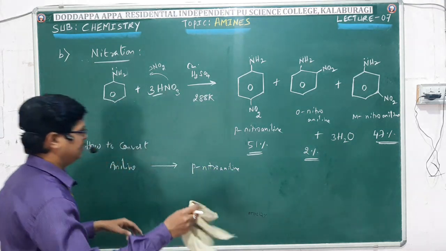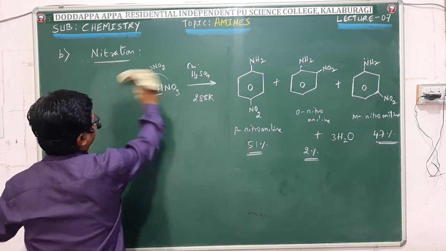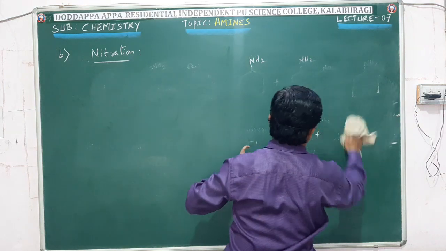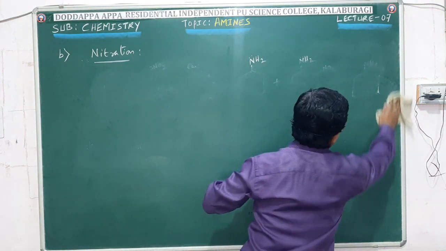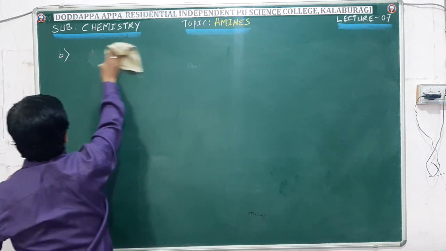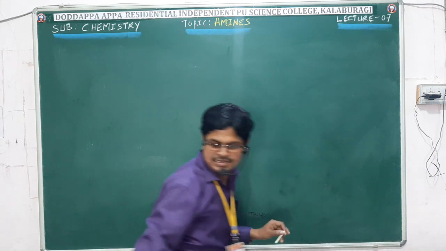Look at how to convert aniline into para-nitroaniline. Same 3 steps. It also involves the 3 steps.